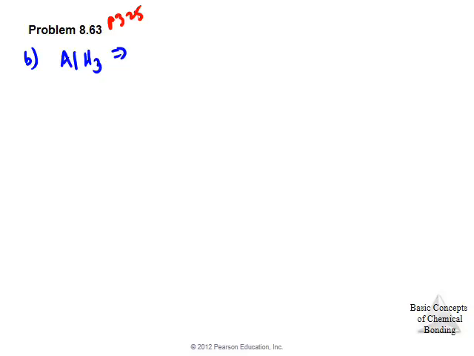So the valence electron count is 3. Aluminum has 3, each hydrogen has 1, and we have 3 hydrogens. So altogether we have 6 valence electrons.